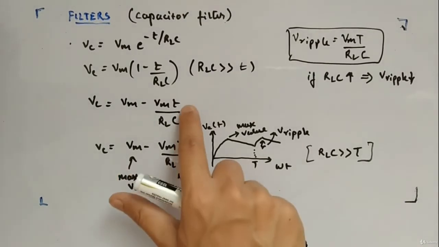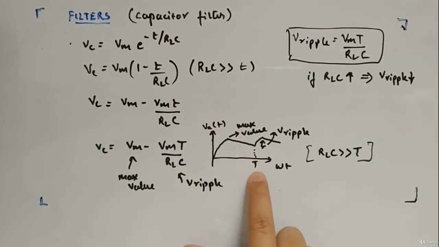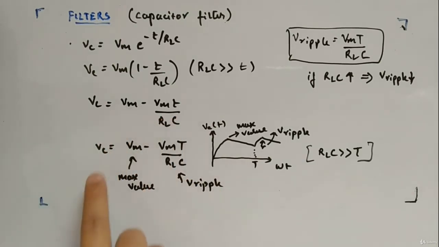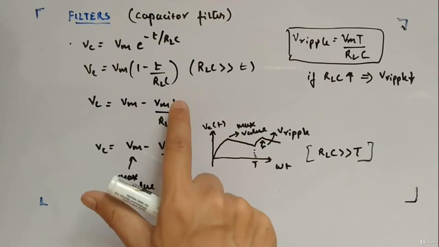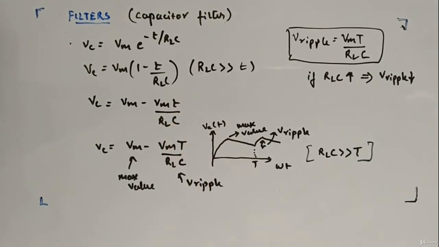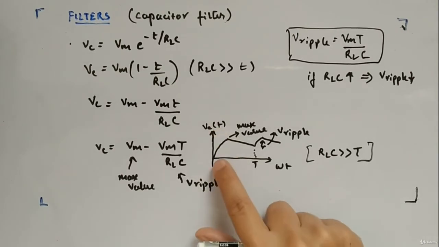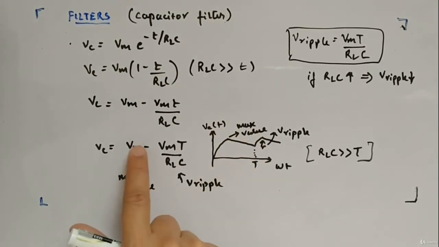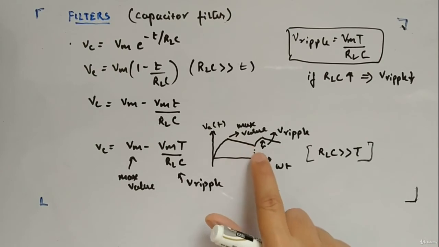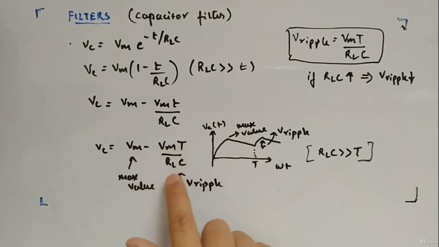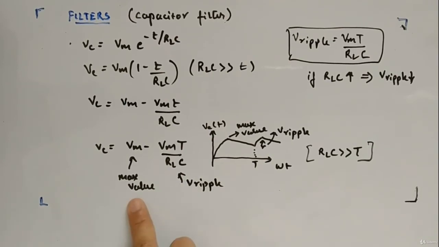Now at small t equal to capital T, Vc will be Vm minus Vm T divided by RLC. Small t is replaced by capital T. That is what we are talking about here. So this is the capacitor voltage, it charges to the maximum value, and it discharges to a value which is Vm T divided by RL into C. Okay, so this you can say is the ripple voltage, this is the maximum voltage.